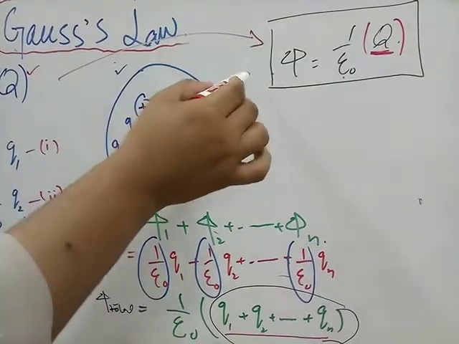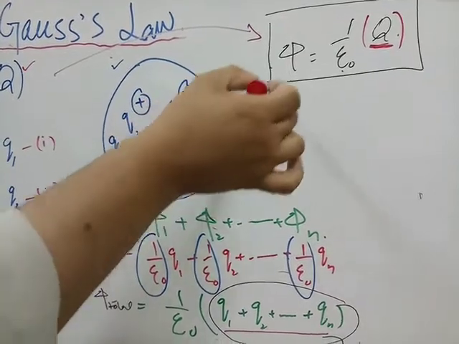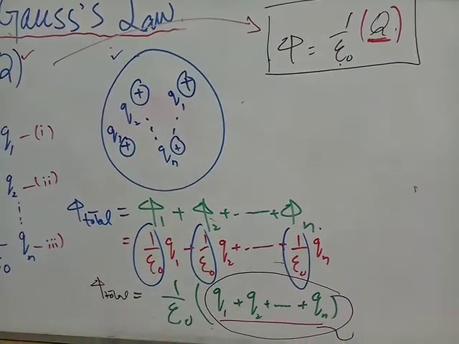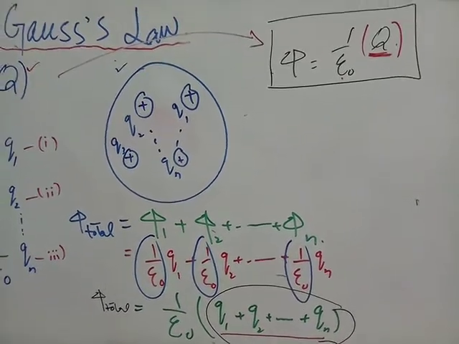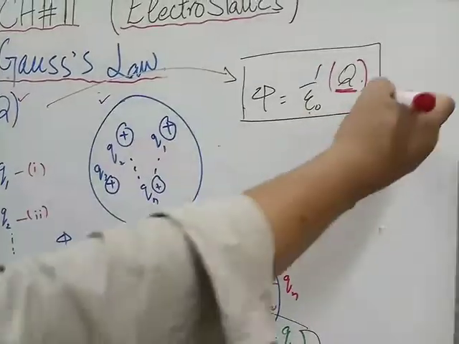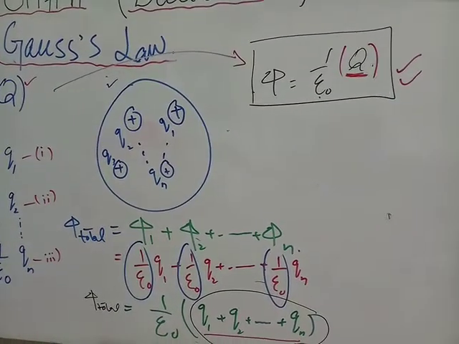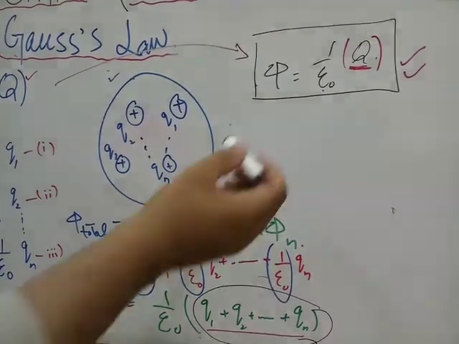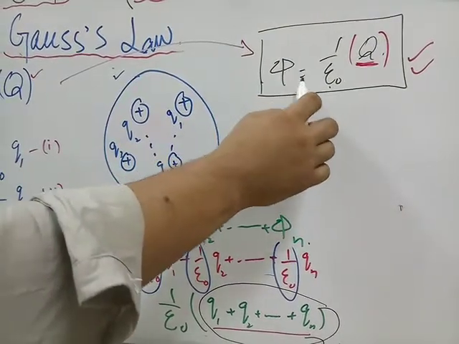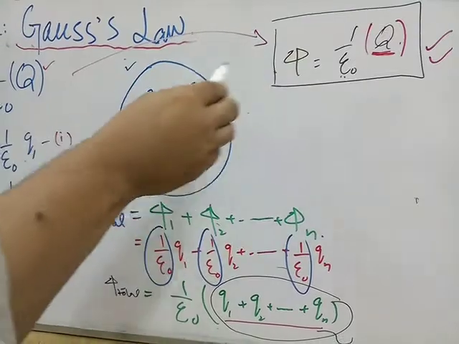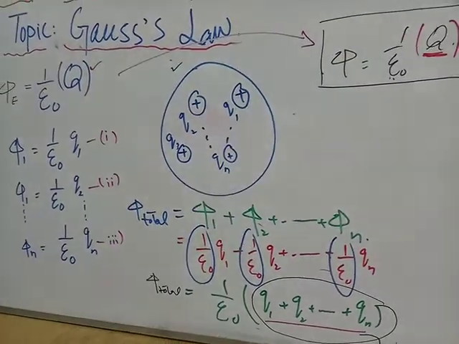This is not only for a sphere, this is for an arbitrary shape or any other shape like triangle, circle, rectangle. For any shape we use Gauss's law. So by the definition of Gauss's law, the total flux is equal to 1 over epsilon naught times the total charge enclosed in that surface.